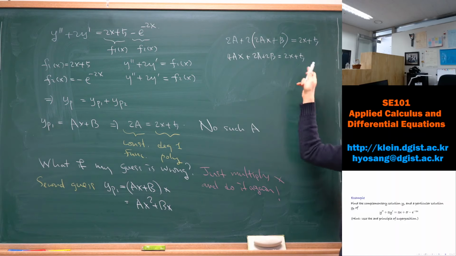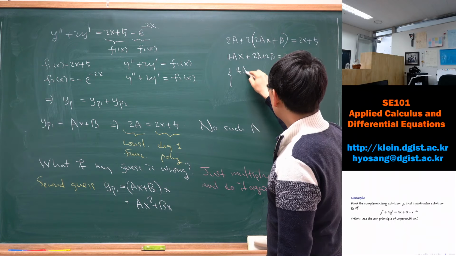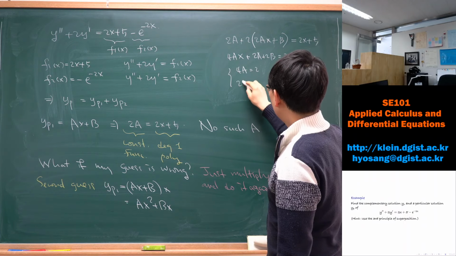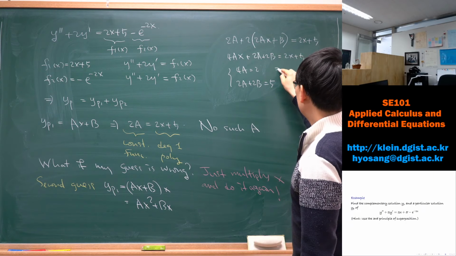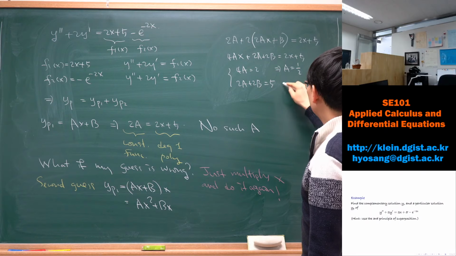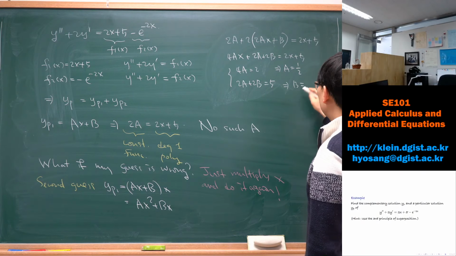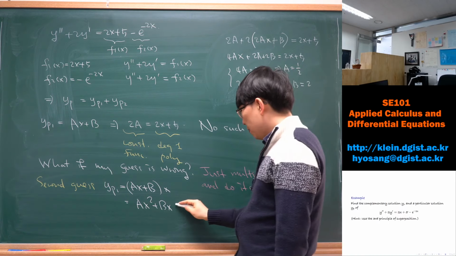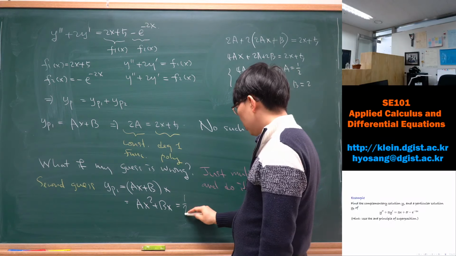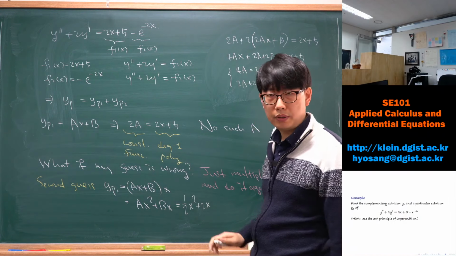Now, these two functions must be identically the same. So that means 4a equals 2, and 2a plus 2b equals 5. So this implies that a is 1 over 2, and this implies that b is 2, right? So I have a and b uniquely defined. So yp1 equals 1 over 2 x squared plus 2x, and this is the particular solution.